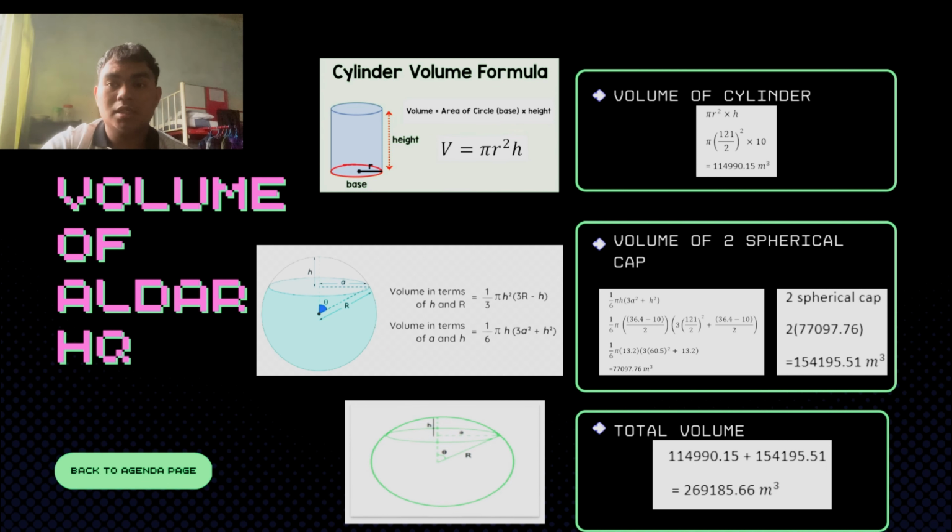So we put it in the formula, then we get 77,097.76 meter cubic. So that is for one spherical cap. For two spherical caps we multiply by 2 and we get 154,195.51 meter cubic. So the total volume is 269,185.66 meter cubic. So that's all for me. Thank you.